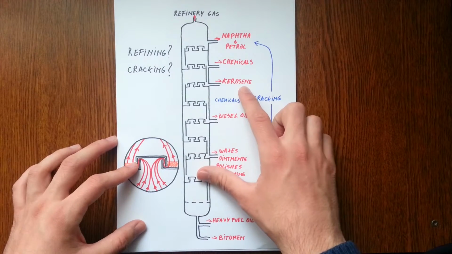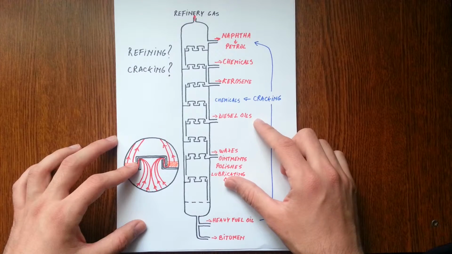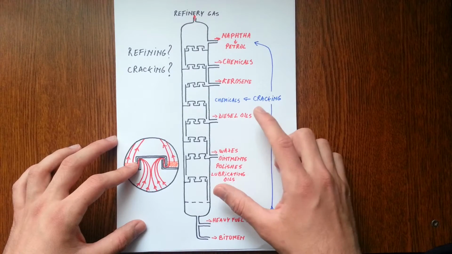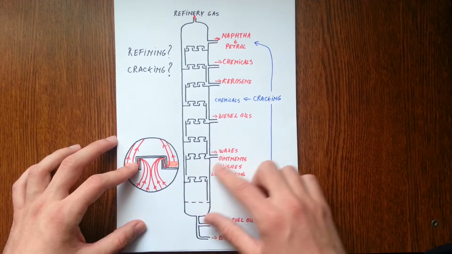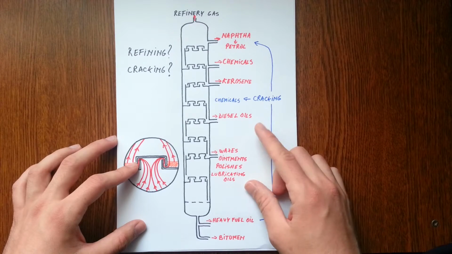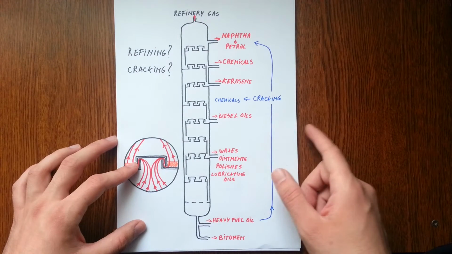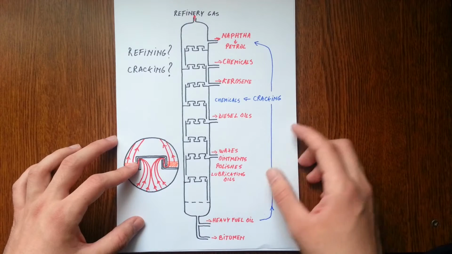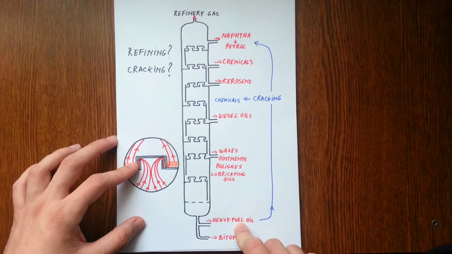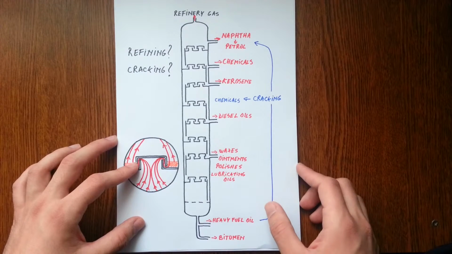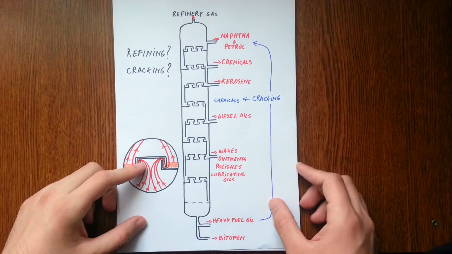Then kerosene, which is basically paraffin, diesel oils, and light and heavy oils used for industrial lubricating, and then the heaviest fraction, the bitumen, which is left as a residue.